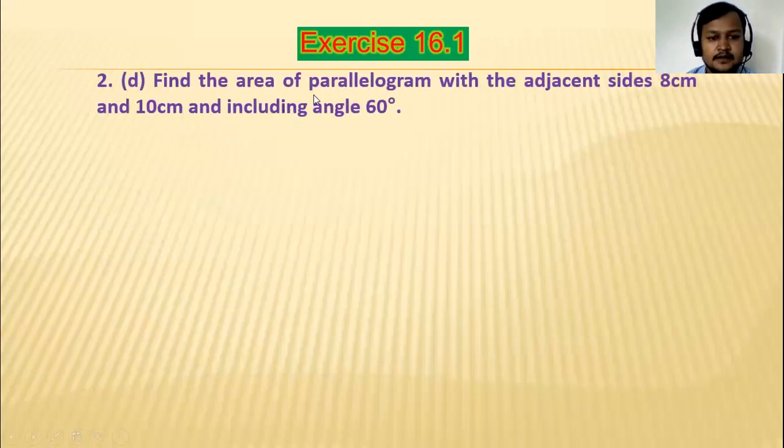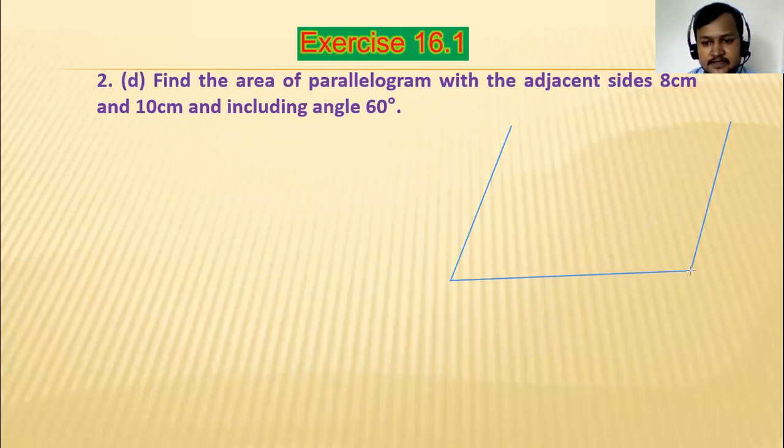Question number 2D. Find the area of parallelogram with adjacent sides 8 centimeter and 10 centimeter and including angle 60 degree. This says that there is a parallelogram with two sides 8 centimeter and 10 centimeter.